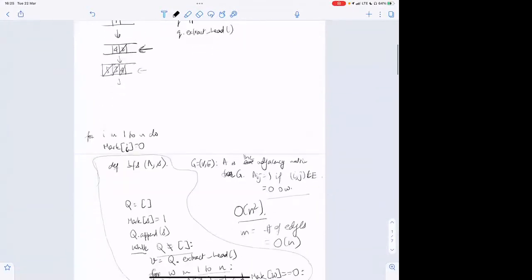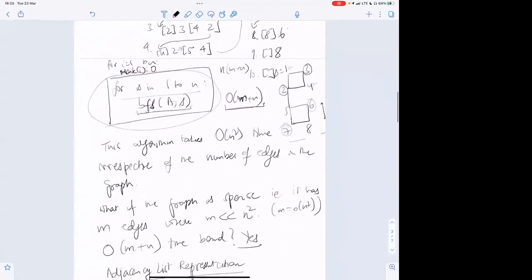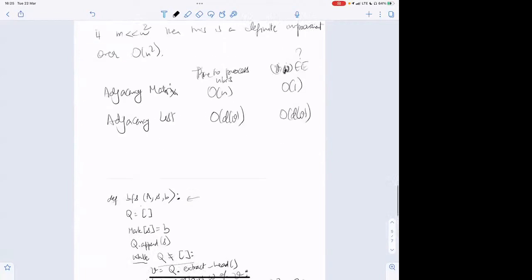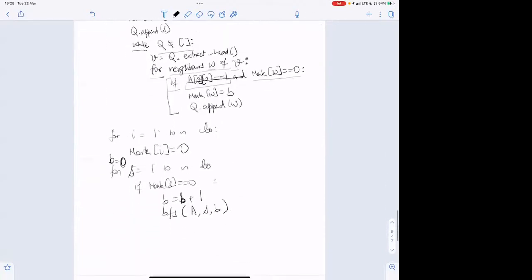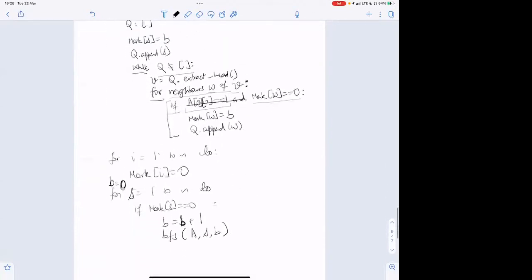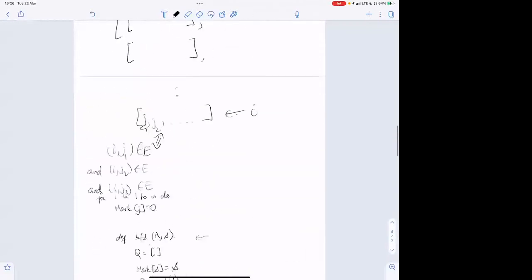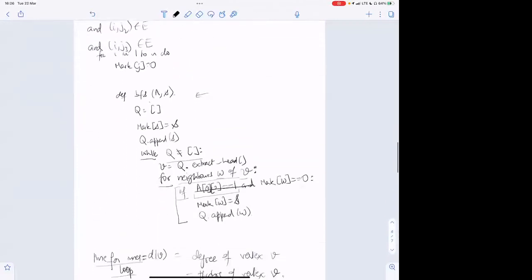So how do we make sure that we mark the distance of a vertex from S? So let's copy the first algorithm, I mean the algorithm after.